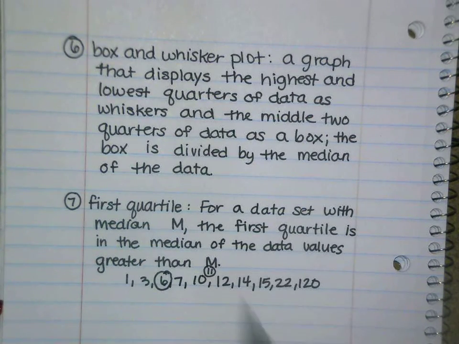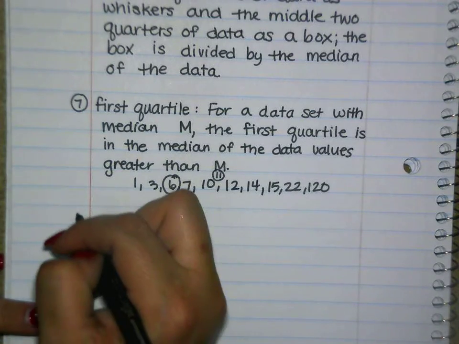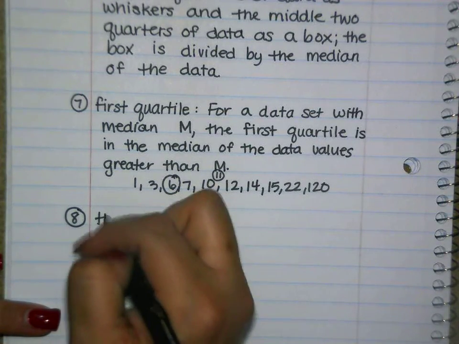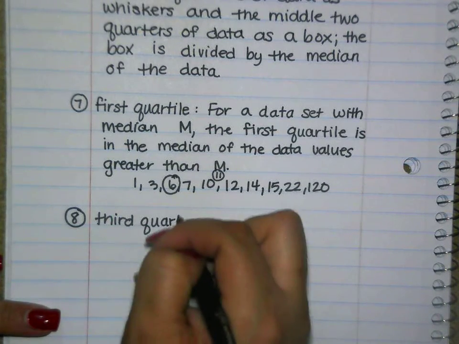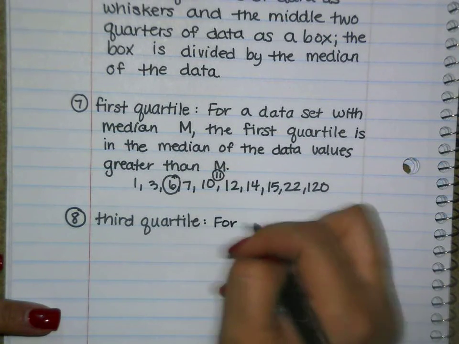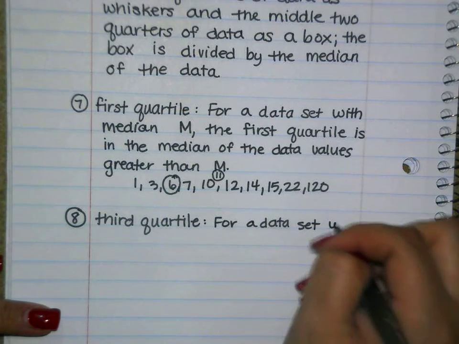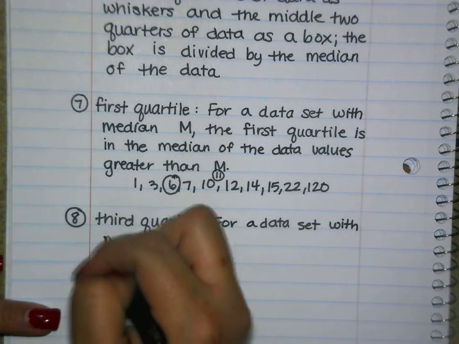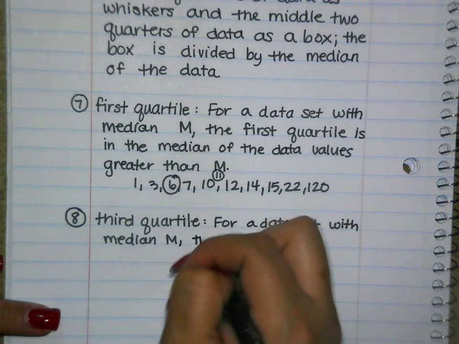Number 8 is the third quartile, which is the same thing, except it's the ones that are greater than the median. For a data set with median m, the third quartile is the median of the data values greater than m.